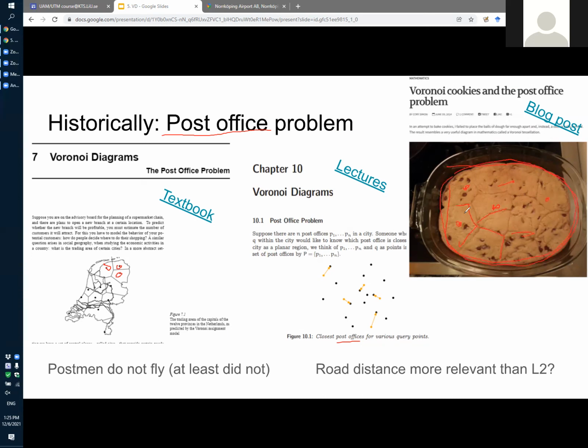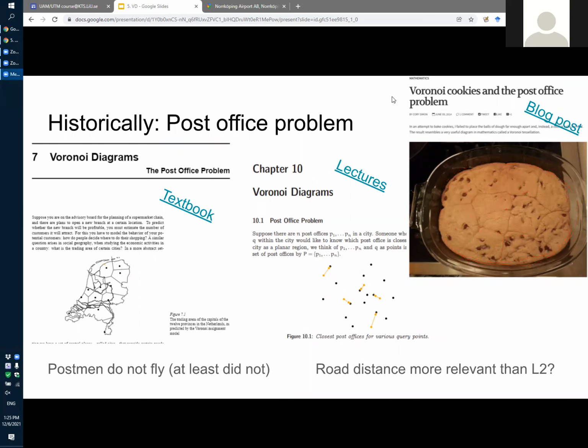Anyway, that's just a fun application of Voronoi diagrams. So you plant in several places, you put in some dough, and then it starts growing and expanding. And yeah, the boundaries between the different pieces, they also form this Voronoi diagram. You'll see this picture later. Anyway, don't worry too much about this application.